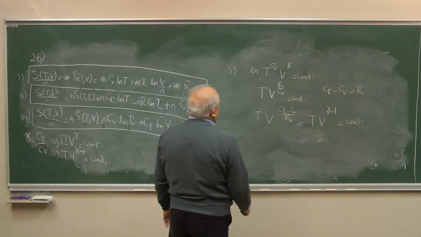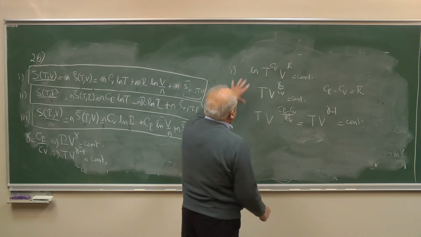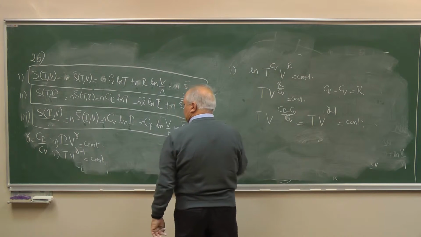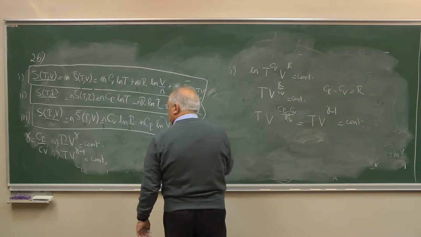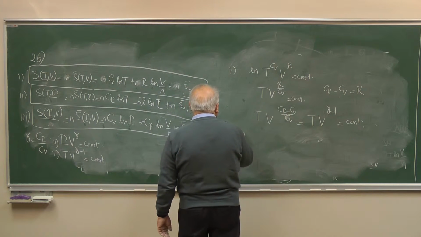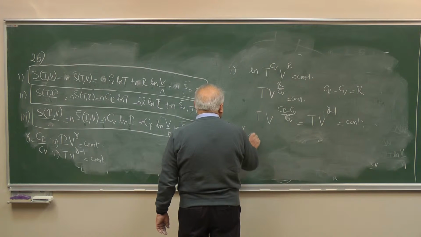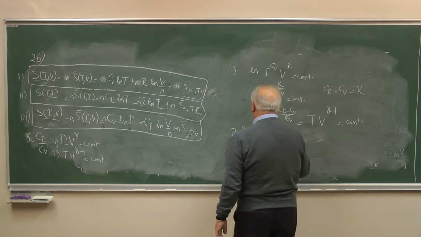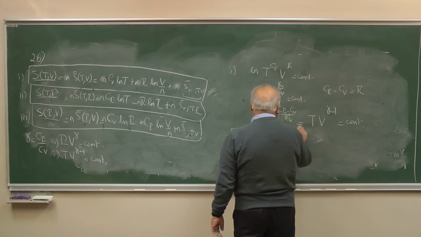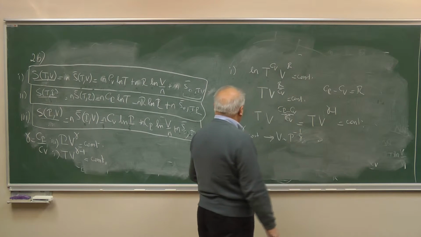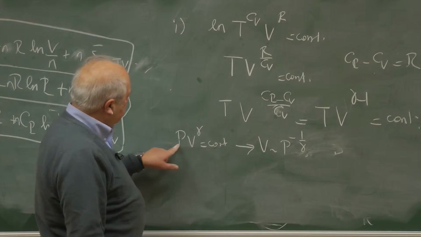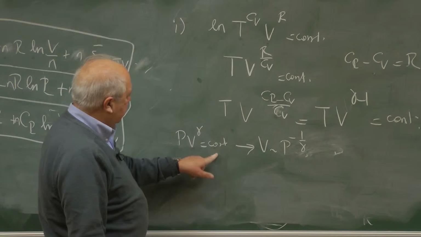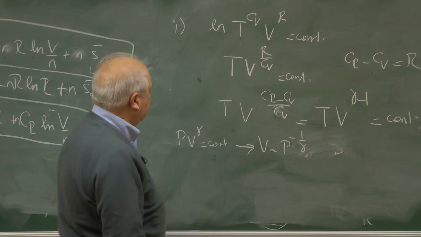Well, from the equation from here we can take it out. PV gamma equals constant gives me that V goes as P to the minus 1 over gamma. Because you divide constant by P, then take the gamma root, P to the minus 1 over gamma.